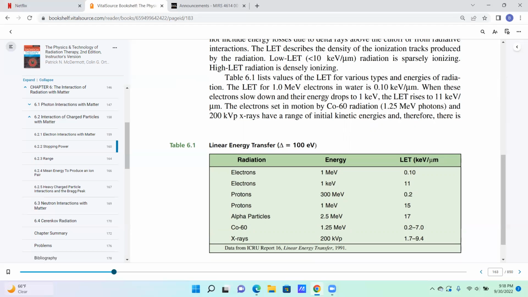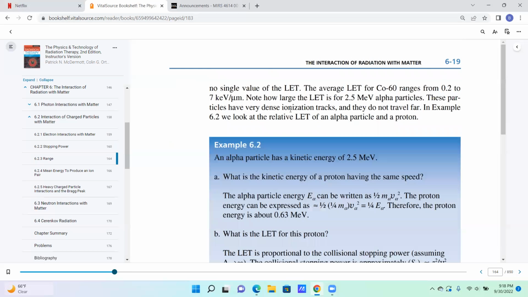So the electrons set in motion by cobalt-60 and 200 kVp X-rays have a range of initial kinetic energies, and therefore there's no single value of LET. In other words, it's based on particular conditions. The average LET for cobalt-60 ranges from 0.2 to 7 keV per micrometer.